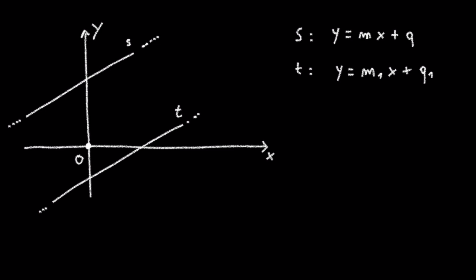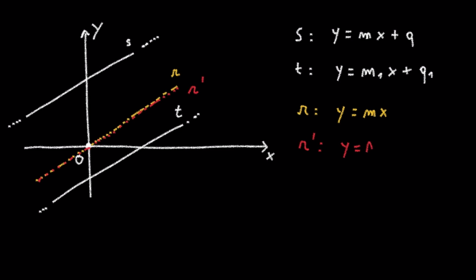Now, a line R passing through the origin and parallel to S has equation y equals mx, and similarly the line R' passing through the origin and parallel to T has the equation y equals m1x.